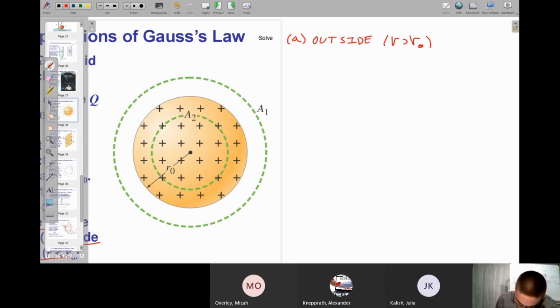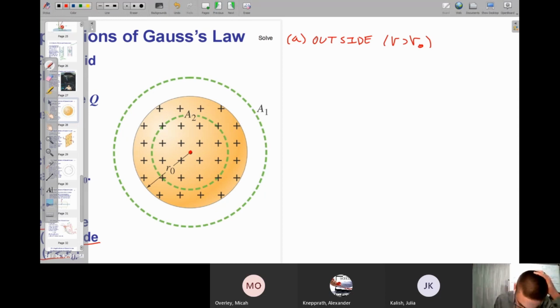Okay, so I'm going to use the Gaussian surface A1 here, which is a sphere concentric with the center of this charge distribution. The electric field that comes out from this charge is going to be pointing radially outwards, and it's uniformly distributed, so there's a spherical symmetry there, which means that the electric field coming out from this thing is going to be spherically symmetric, right?